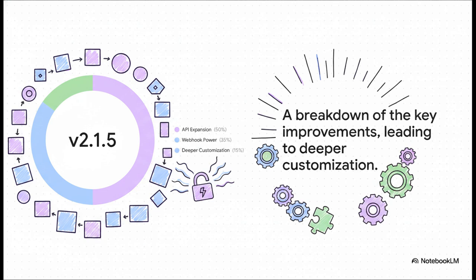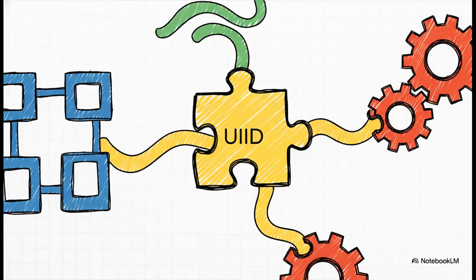And together, those two huge pillars are what unlock that final 15%, a much deeper level of customization for every single developer out there. And ultimately, this is the whole point. UIID now acts less like some rigid framework that you have to constantly work around, and more like a flexible, Lego-like component that slots seamlessly into your unique tech stack. Finally, it adapts to you, not the other way around.